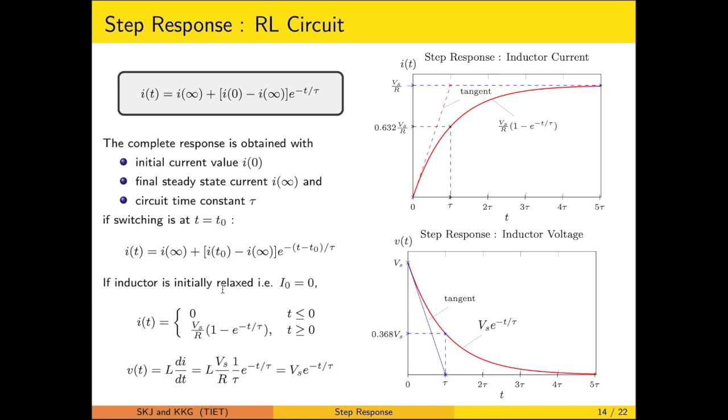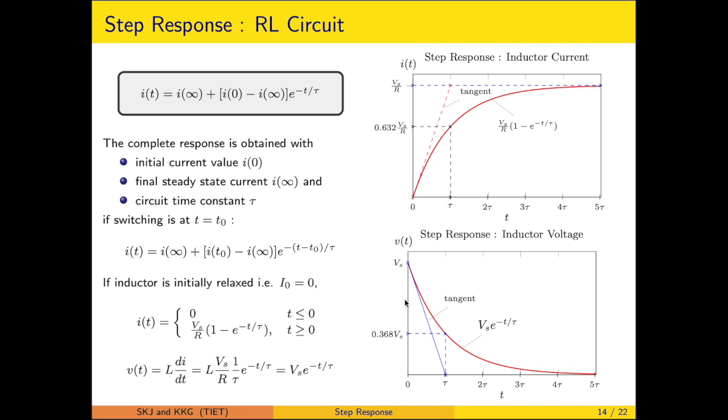Now to define the time constant, we can make an arrangement on the analogous line and consider the case of an initially relaxed inductor. Initially relaxed inductor suggests I0 is equal to 0. The characteristic is plotted, so the current is exponentially increasing from 0 up to the I infinity level, which is Vs upon R. On that basis you can define the time constant as the time expended to attain 63.2% of the final steady state current value.